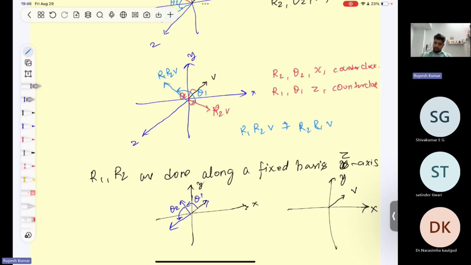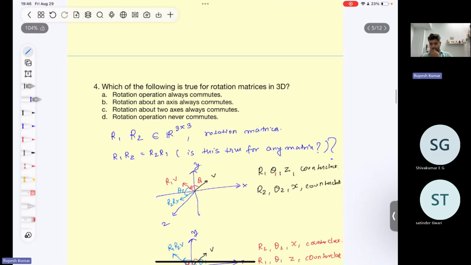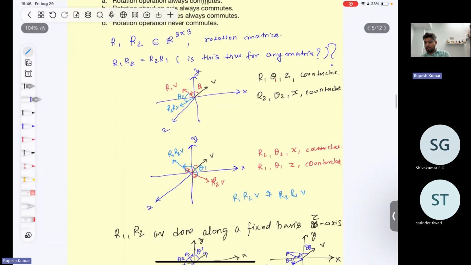This is vector V. You rotate by angle theta 2, so you get here, and then you rotate by theta 1. In both cases, you get the same result. In this case, you can say R2 R1 equals R1 R2. So it commutes only if the axis of rotation is fixed. If it's not, then it does not commute.